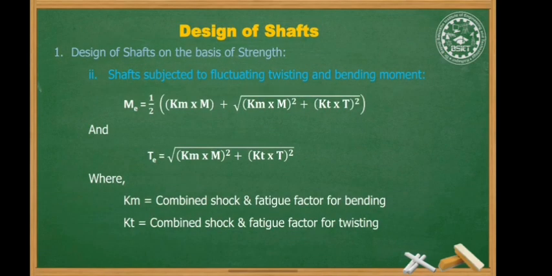For bending moment you need to multiply by Km, where Km is nothing but the combined shock and fatigue factor, and for the equivalent twisting moment multiply by Kt. So here not Km, it is Kt. So under root of Km multiplied by M square plus Kt multiplied by T square, where Km is the combined shock and fatigue factor for bending, and Kt is the combined shock and fatigue factor for twisting.